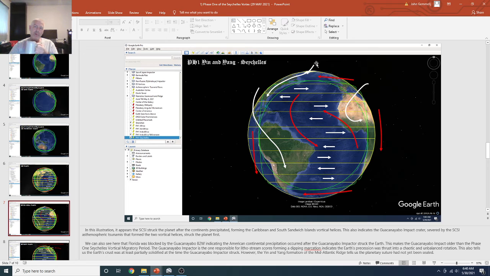So you have your force, your precipitation taking place from Greenland down through Florida before becoming blocked by the B2W of Coconayabo here. And then you have the formation coming over here, down in here, and there's a relatively good chance that at this time the Mediterranean was land, right?